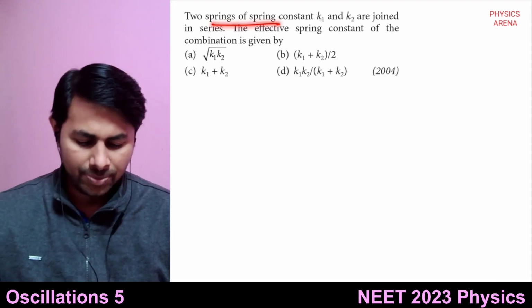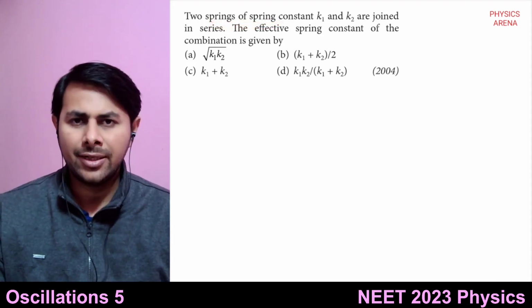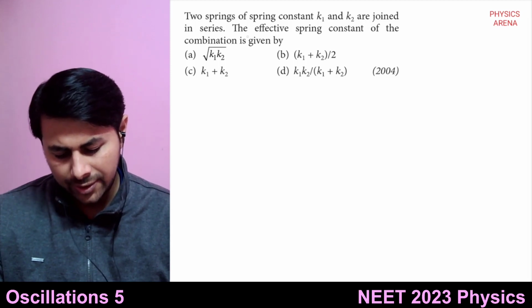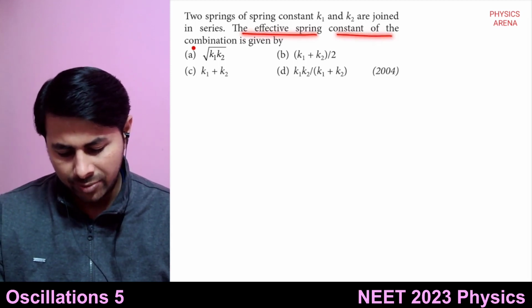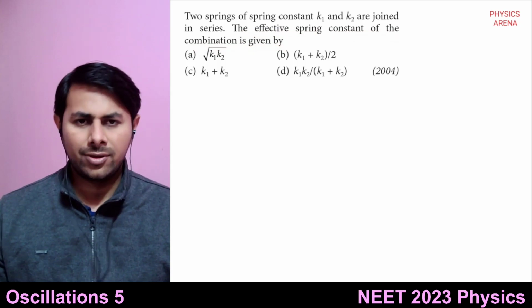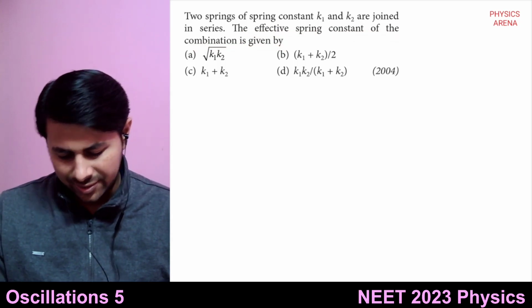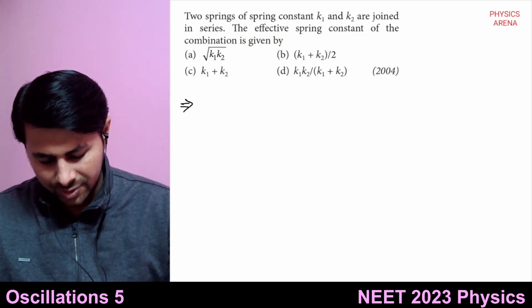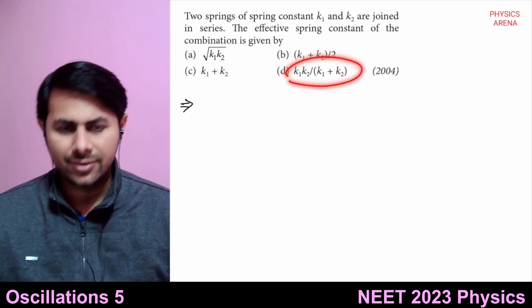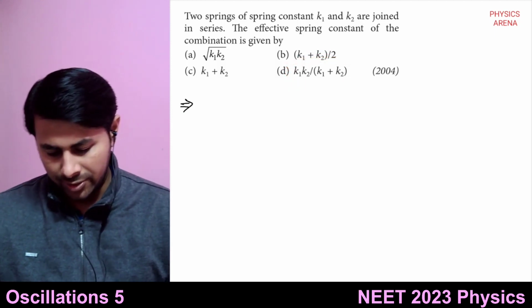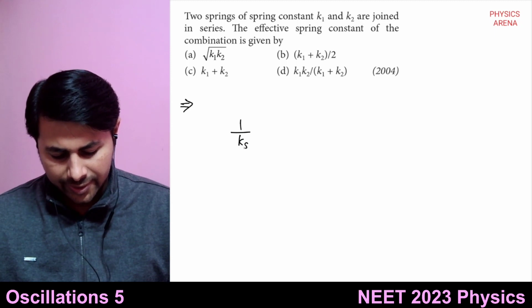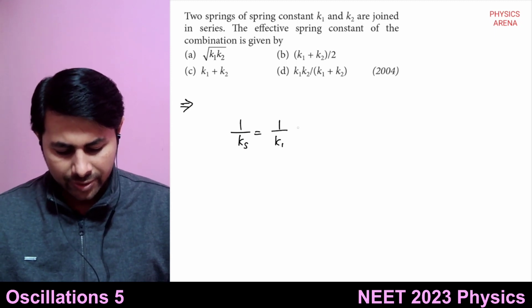Okay, next one. Two springs of spring constant K1 and K2 are joined in series. The effective spring constant of the combination is given by... This is very simple, right? So option D is the answer, because 1 upon Ks is equal to 1 upon K1 plus 1 upon K2.